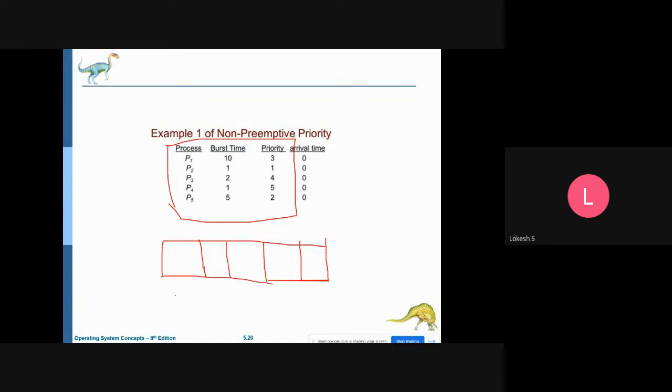So this is the process. So which process will be executed? Anyone?